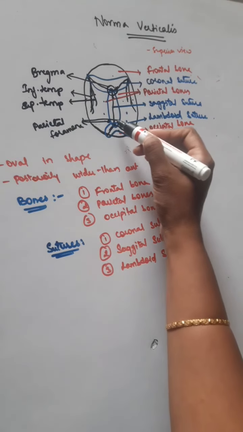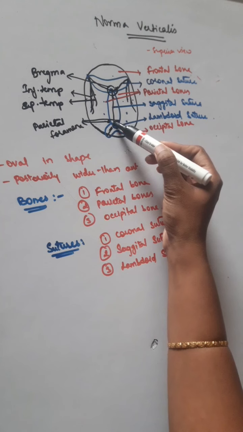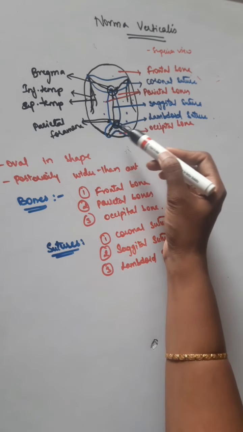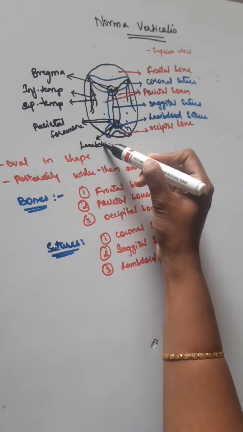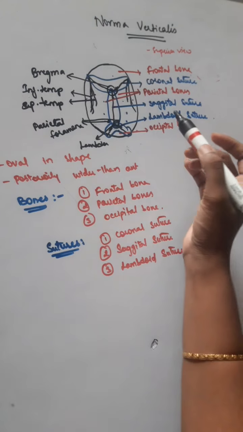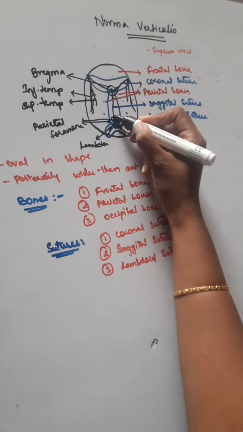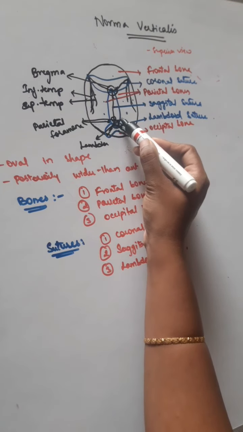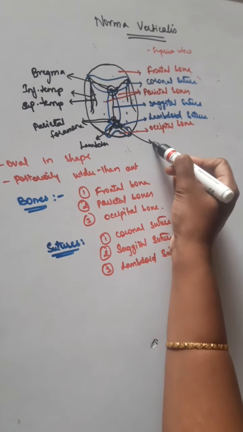Now the point where the sagittal suture and the lambdoidal suture meet is nothing but lambda. And one more point is known as obelion. The point between two parietal foramina on the sagittal suture is nothing but obelion.